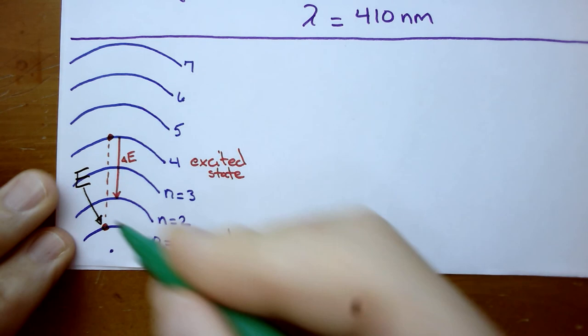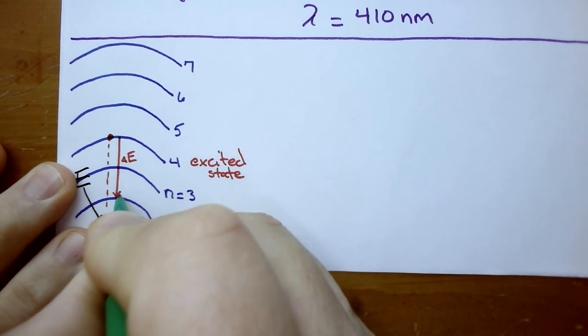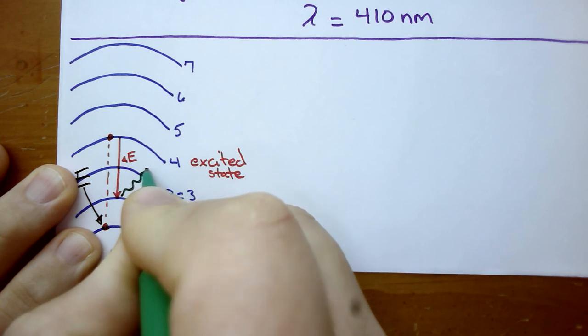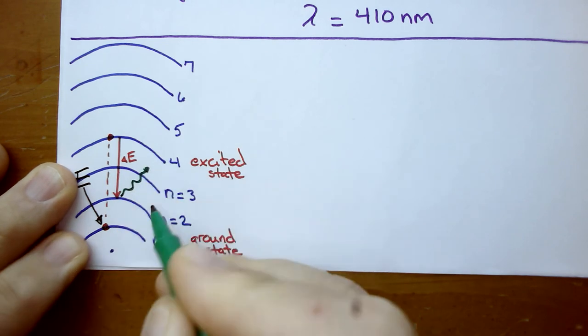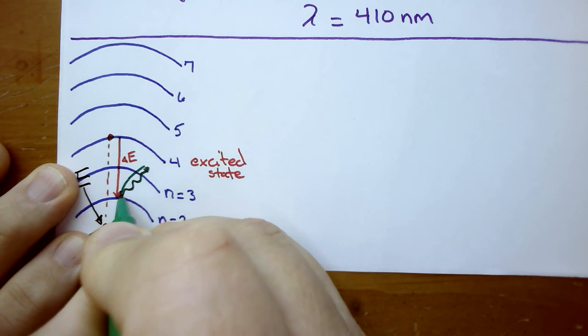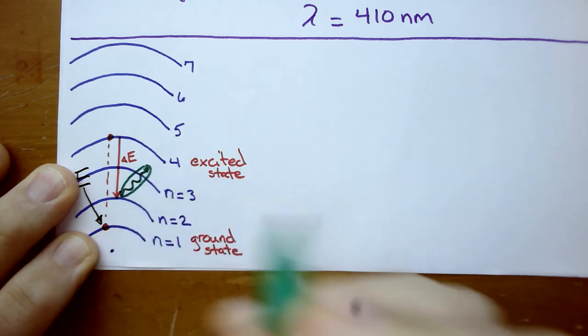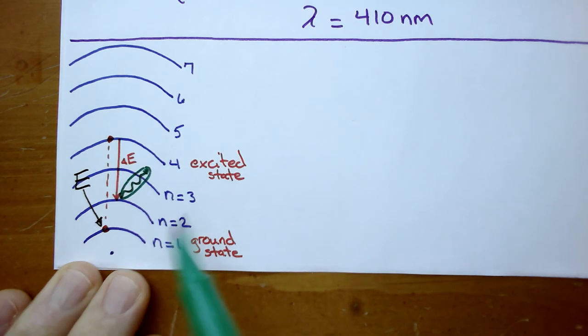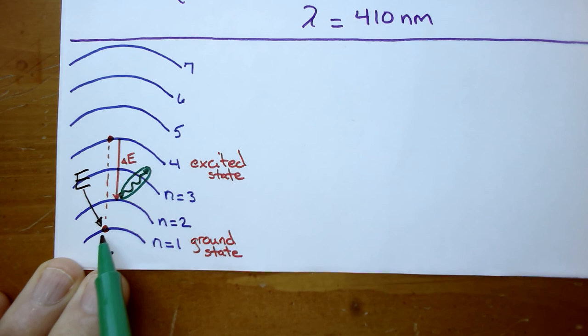And let's say in this case, the energy must be released as a quantum of energy that has a frequency and a wavelength, and that would be known as a photon. So we get a photon that leaves. So again, we have an electron in a ground state.